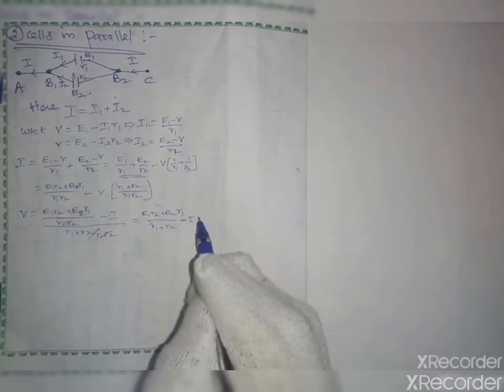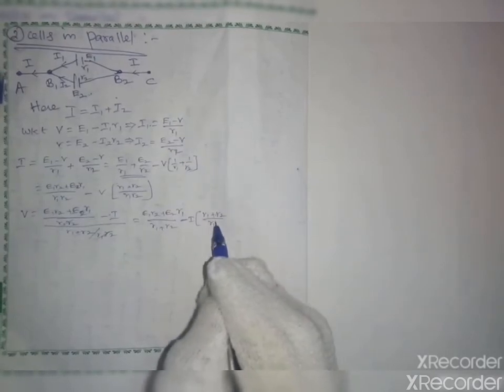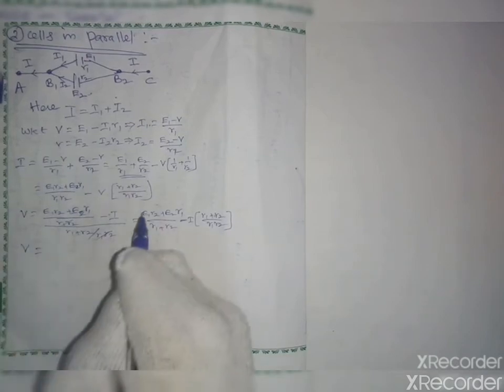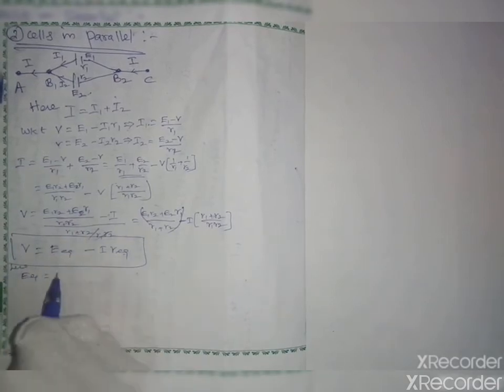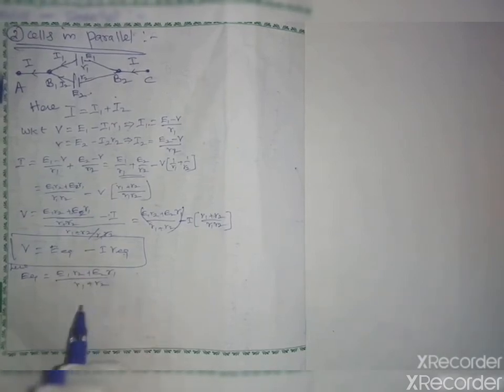So V equal to E equivalent minus I into r equivalent. E equivalent is E1 R2 plus E2 R1 divided by R1 plus R2.